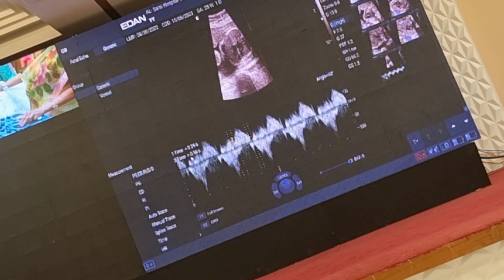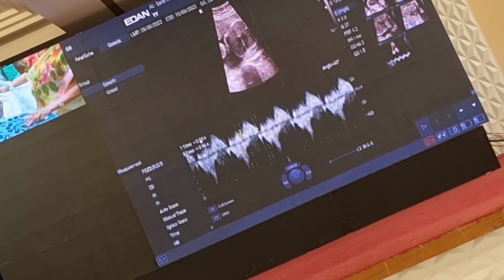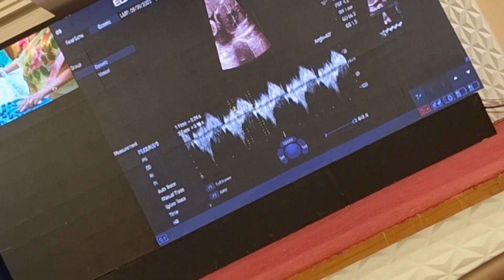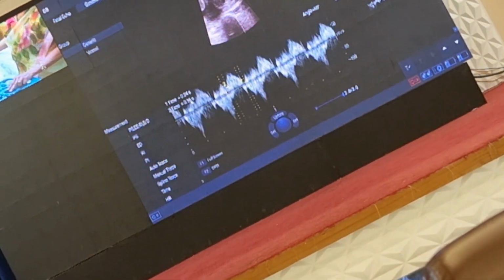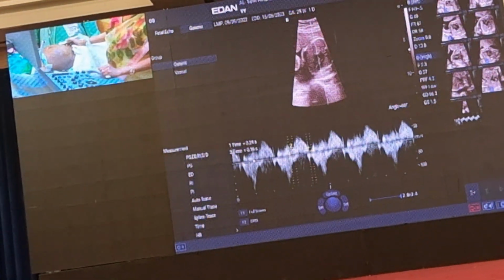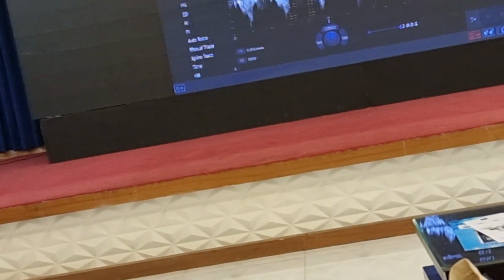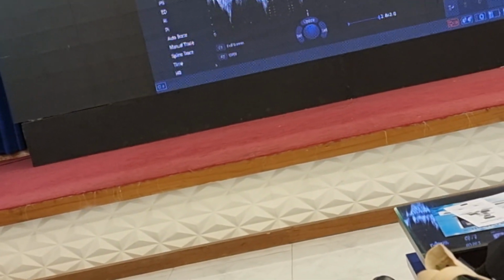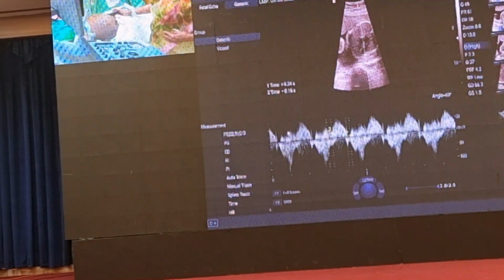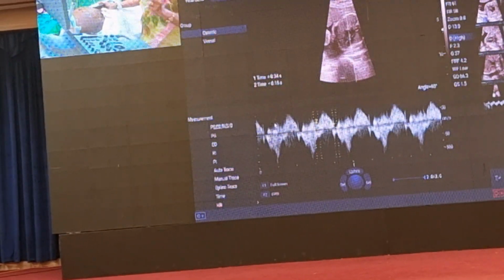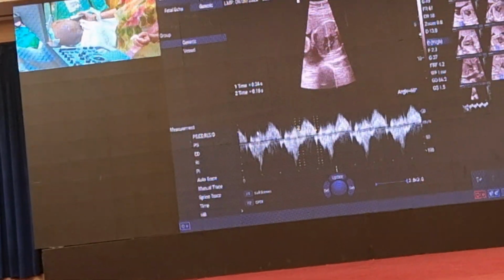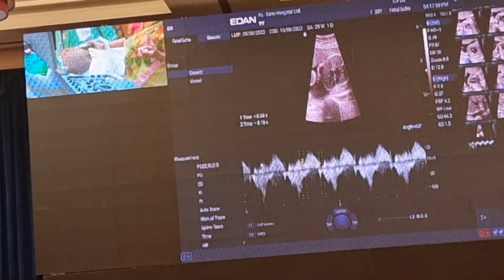So then you can calculate 240 minus 160 and divide it by 160, and that will give you the myocardial performance index. Some of the machines will give you this measurement directly. I don't know whether this machine can do that, but probably they can give the calculation directly. And myocardial performance index is a good measure of cardiac function.